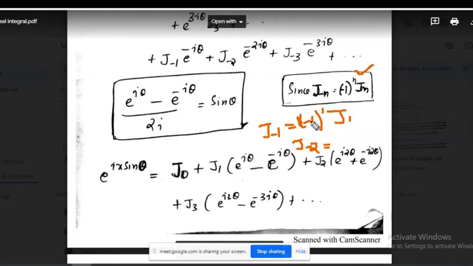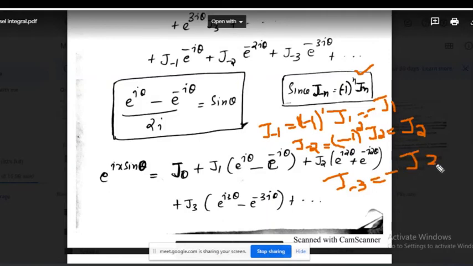J minus 1 is minus 1 to the power 1 J1, so this is equal to minus J1. What about J minus 2? That will be J2. Okay, so J minus 3 will be minus J3. J minus 4 will be J4 itself.